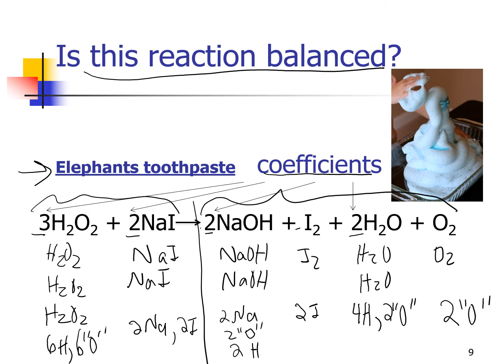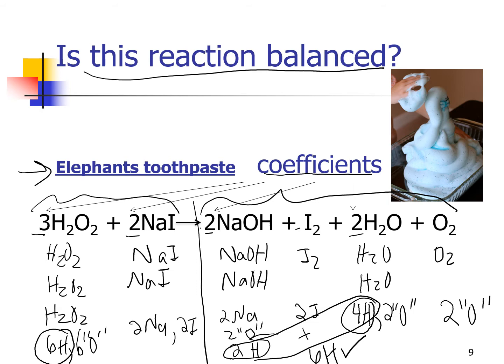Now let's compare the left to the right. Let's start with 6 hydrogens on the left side of the arrow. On the right side of the arrow, I find 2 hydrogens in our 2 sodium hydroxides, and then 4 hydrogens in our 2 water molecules. If we add that together, that gives us our 6 hydrogens.